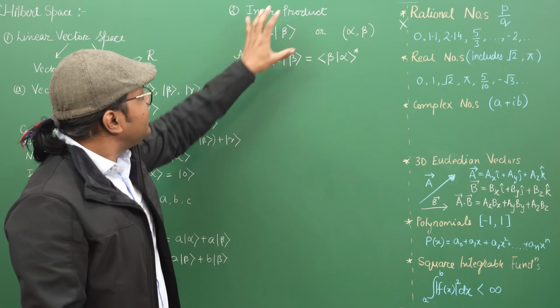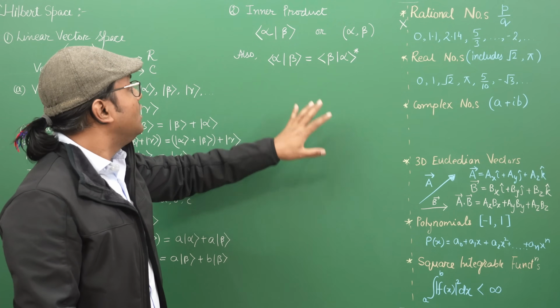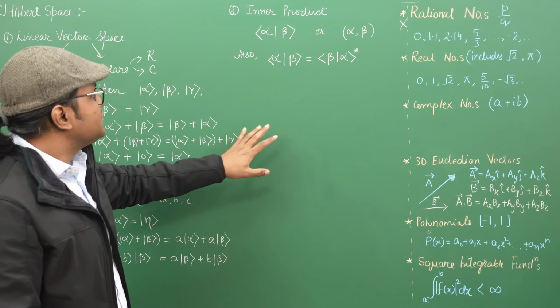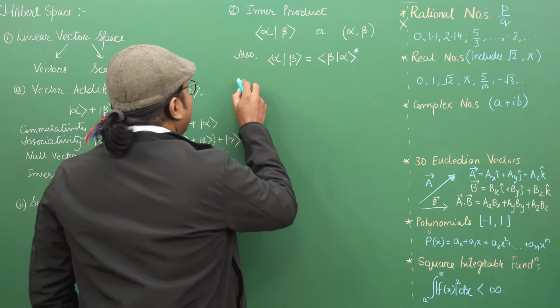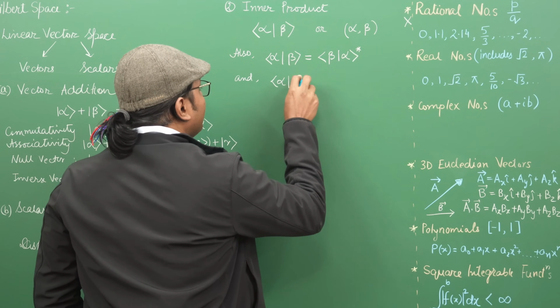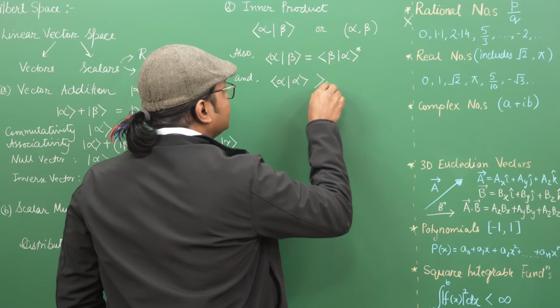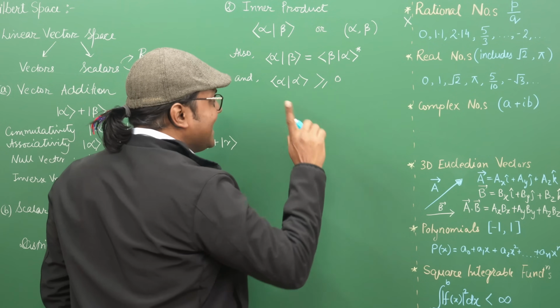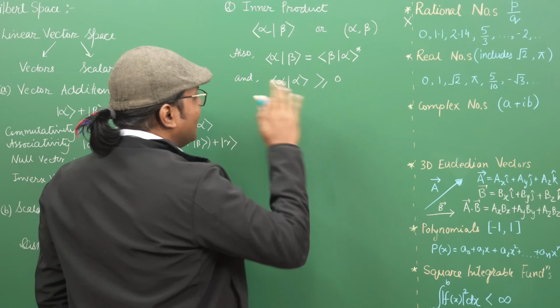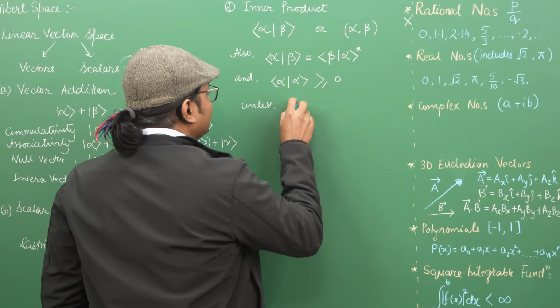So we can define an inner product between two elements or two vectors belonging to a vector space or a linear vector space in this particular manner, and the inner product of one vector with itself is always greater than or equal to 0 unless we are dealing with a null vector.